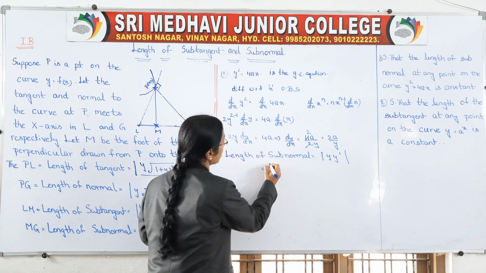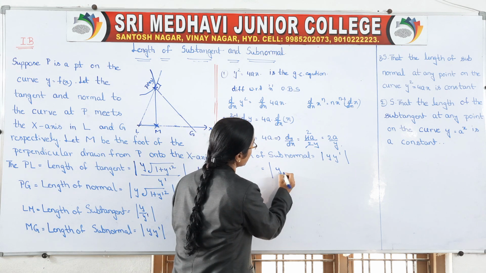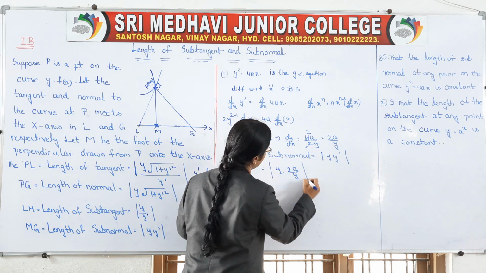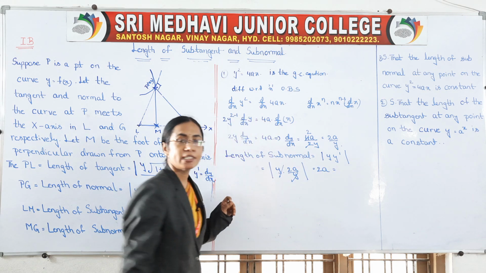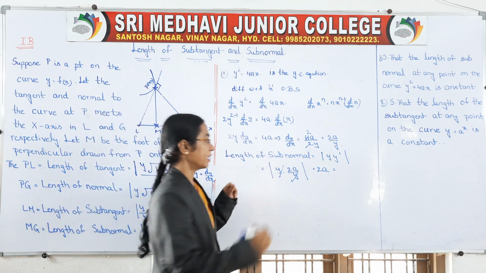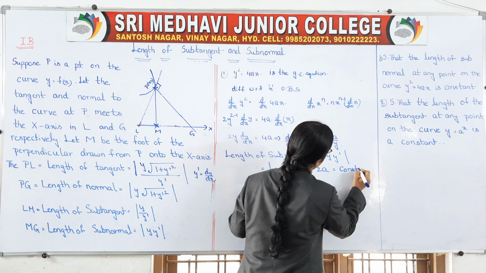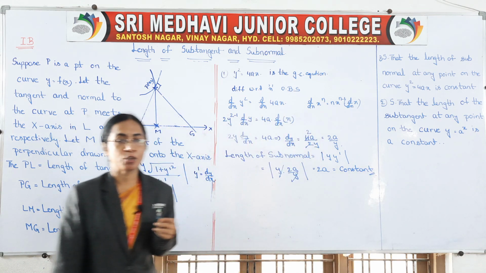Okay, so is equal to modulus of y only. We got y dash as 2a by y, cancel, is equal to 2a. 2 is a number, a is a letter, constant. So constant into constant is constant only, right? So this is the constant value.